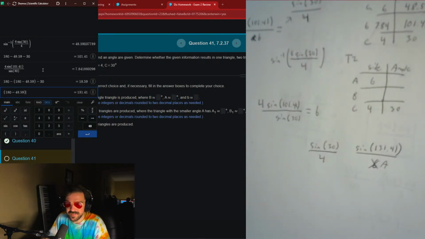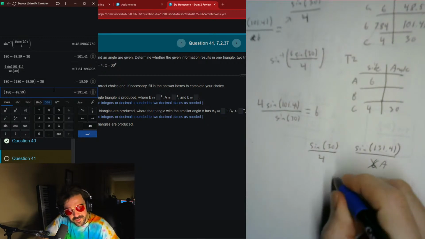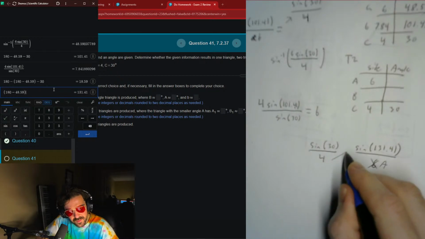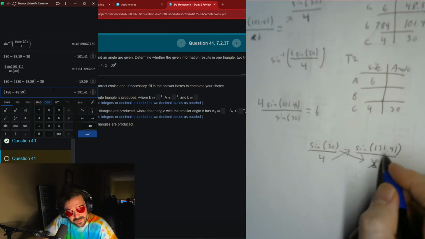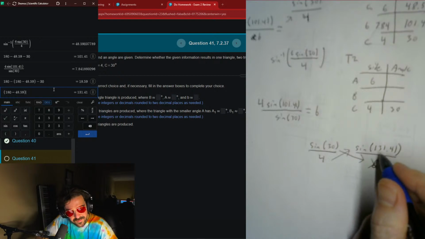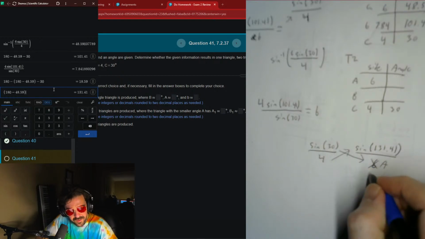We want it to be 6. So this ends up turning into 4 over sine 30, and then putting A over the side.